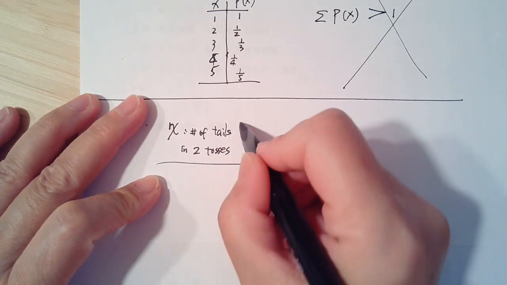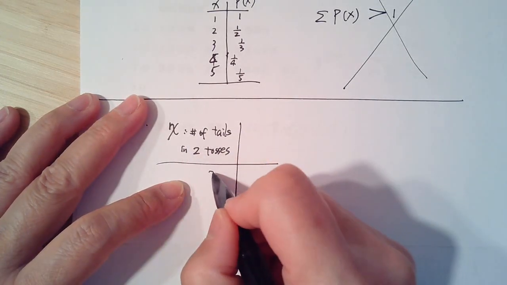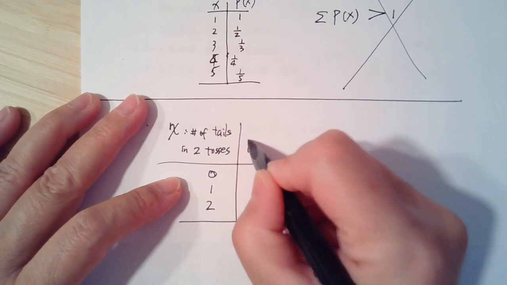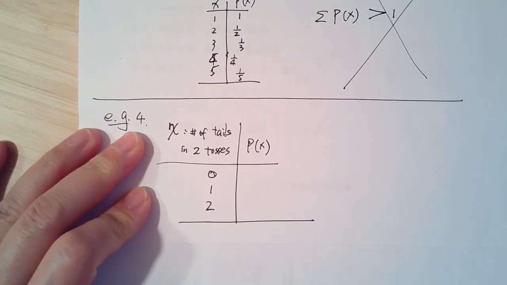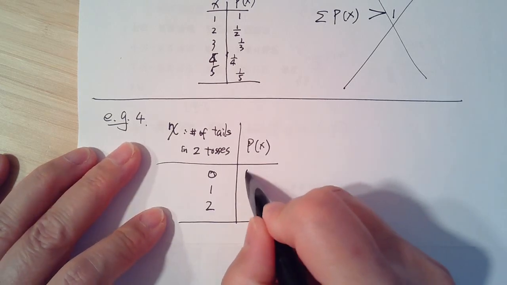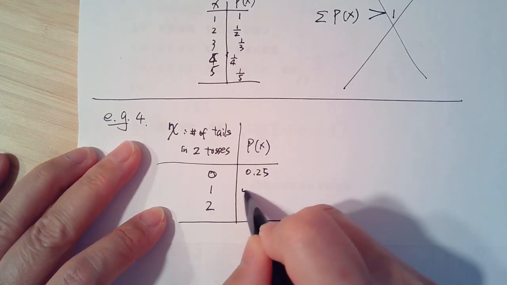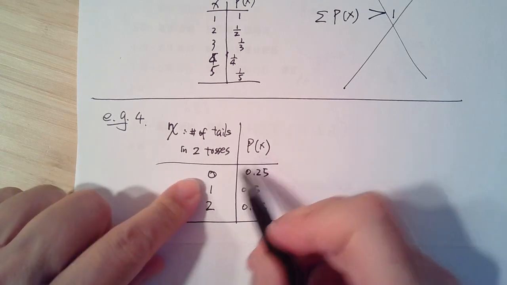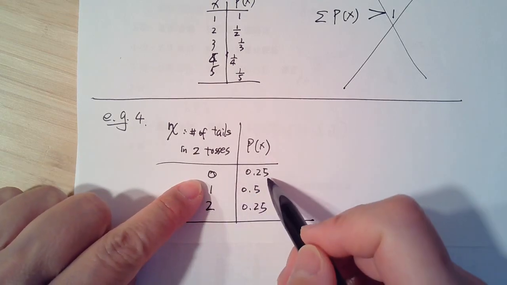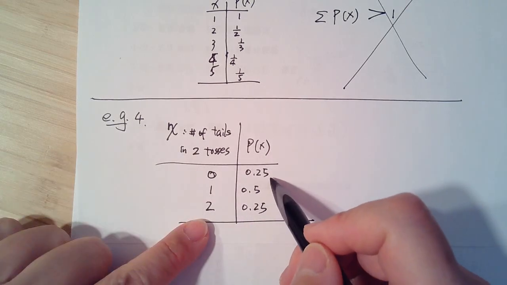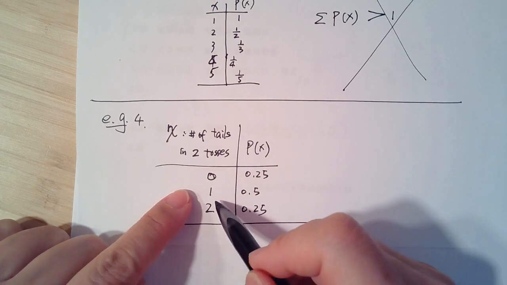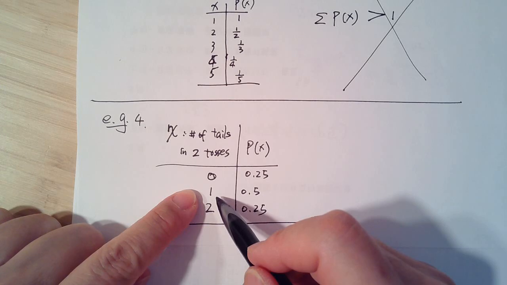Here's x. X could be 0, could be 1, could be 2. How many tails? And what is the probability of that? Do you remember this is 0.25, this is 0.5, and this is 0.25. The probability to get 0 and 2 tails are both 0.25. The probability to get 1 tail is 0.5.